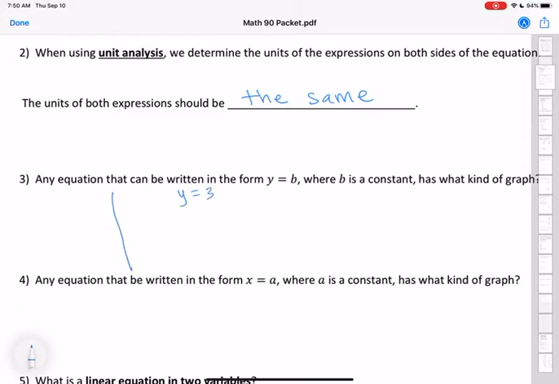I'm just going to sketch really quick off to the side here. So that's x and this is y. And if I wanted to graph y equals 3, I would go to the y-axis, go up 1, 2, 3, and it would be right here. It would be a horizontal line. So any equation that's in the form y equals b, where b is a number, has what kind of graph? It's going to be a horizontal line.